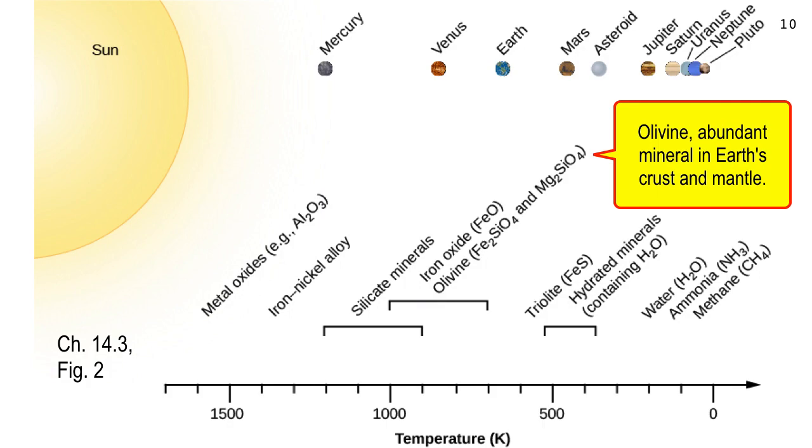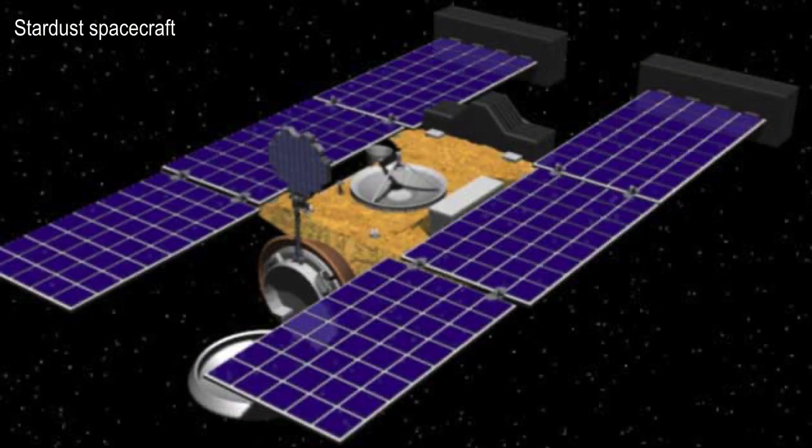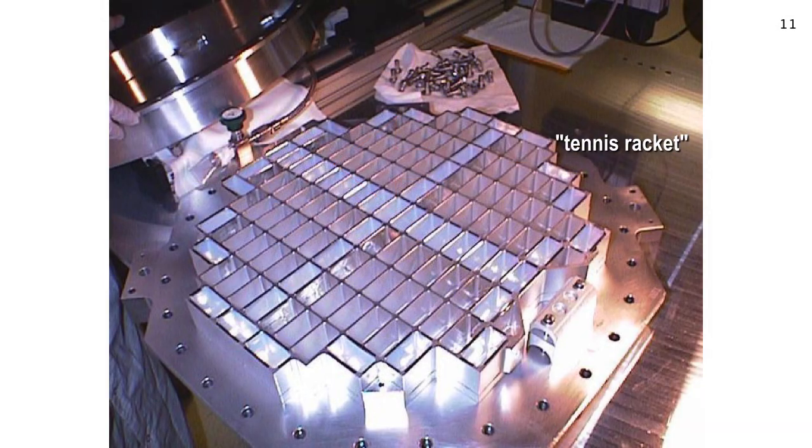Now, the Stardust spacecraft, take a look at this little dealy bobber up here. It looks like a tennis racket, and it is about the size of a tennis racket. This roundish object has a bunch of rectangular slots, and in those slots is something called silica aerogel.